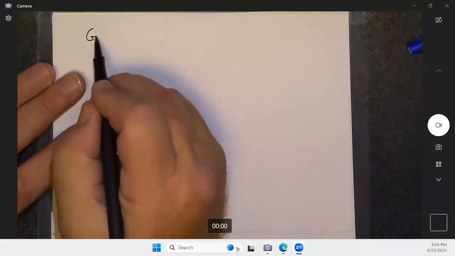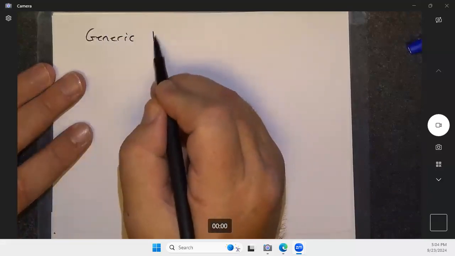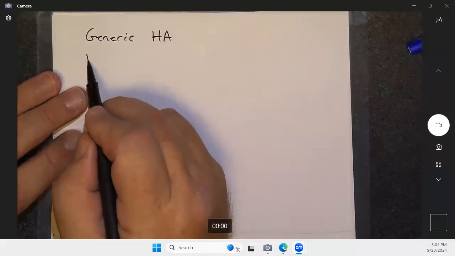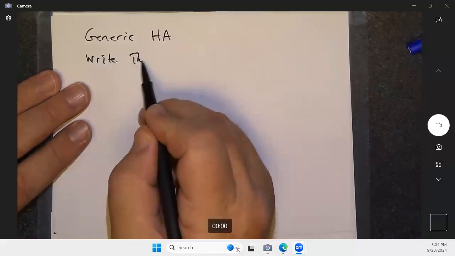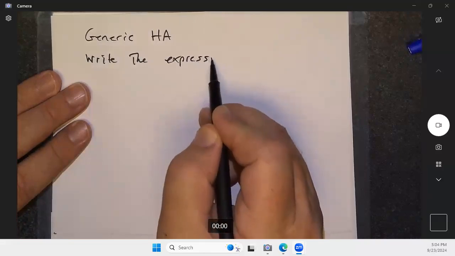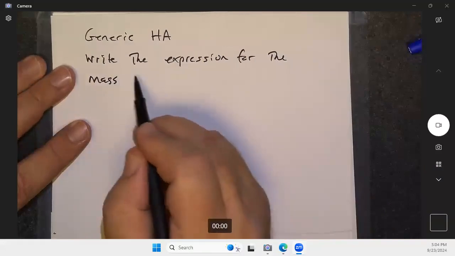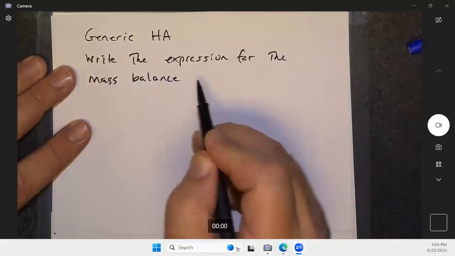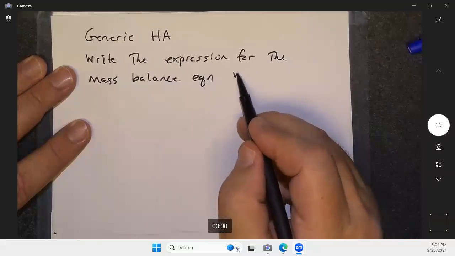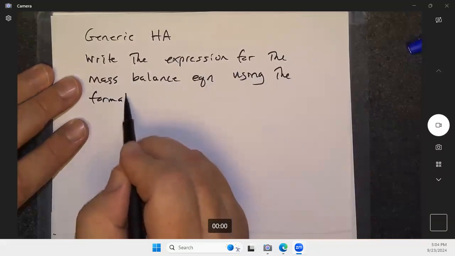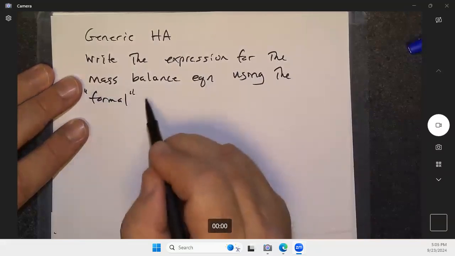We've got some generic weak acid, and we could write the expression for the mass balance equation using the formal notation.